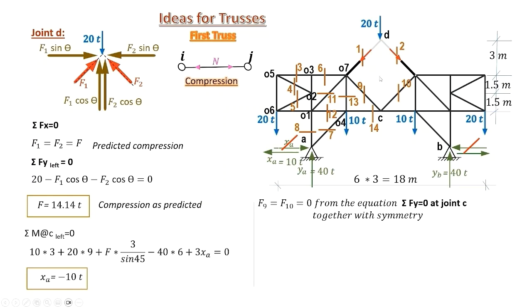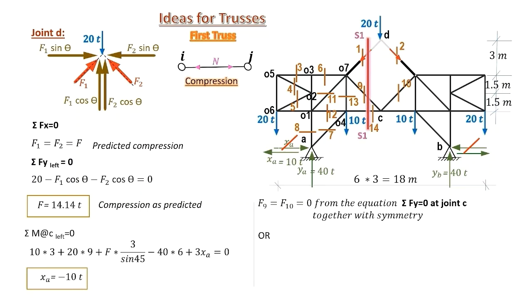But with both forces heading upwards, equilibrium is not fulfilled at C. Sigma forces in the y direction at C doesn't equal 0, and therefore the only way to fulfill both symmetry and equilibrium in the y direction at C is to have the force in member 9 equal 0 and the force in member 10 equal 0. Of course, we can reach the same conclusion by computations.